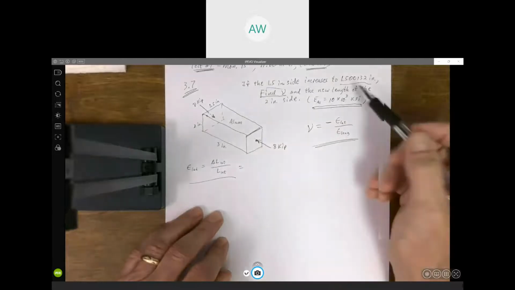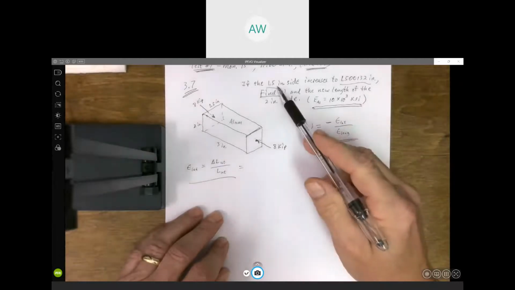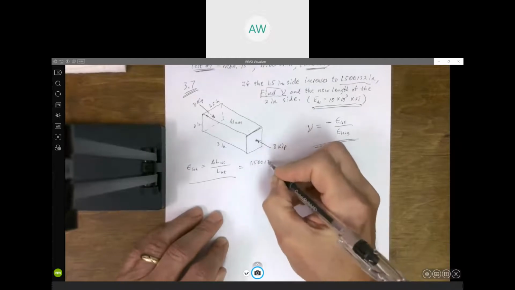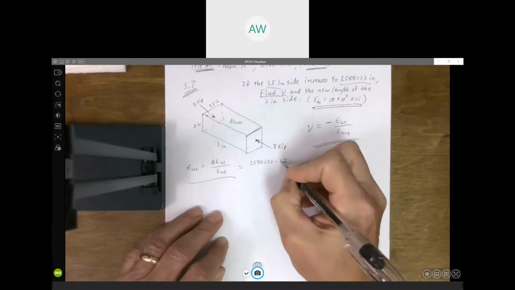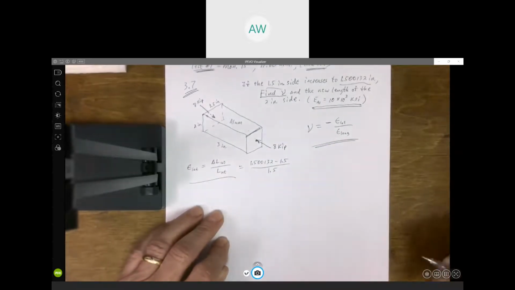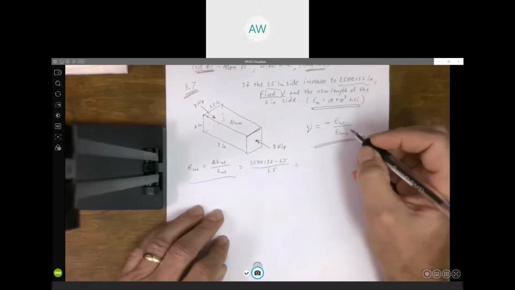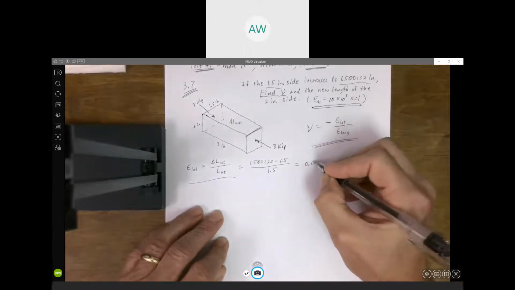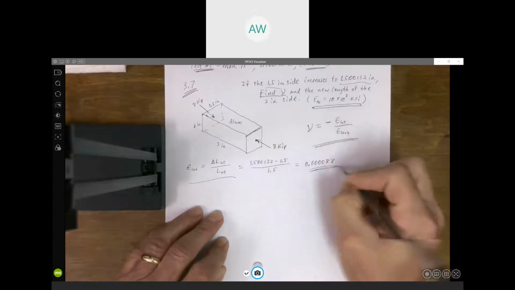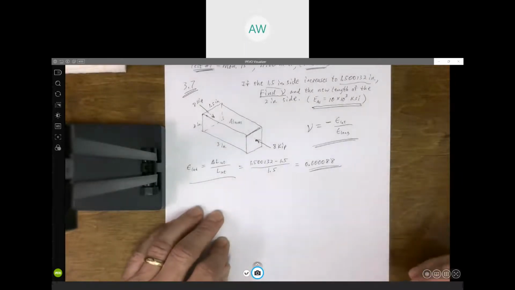So to get the change in length, I just take the 1.500132, subtract the original length of 1.5, divide by the original undeformed length of 1.5, and that is my lateral strain. And let's see, what did I get? Looks like 4 zeros. 1, 2, 3, 4, 8, 8. All right, any question how we got the lateral strain?